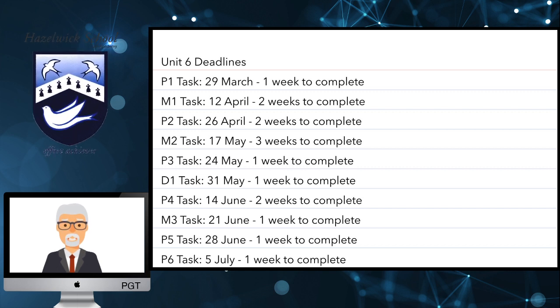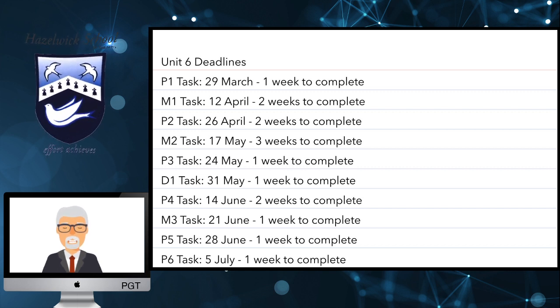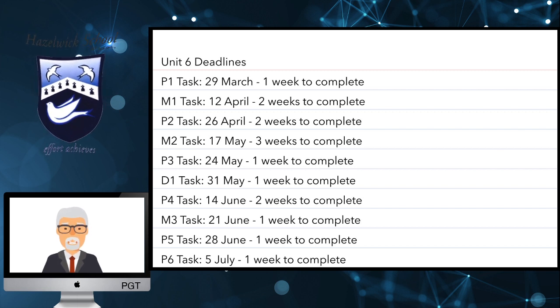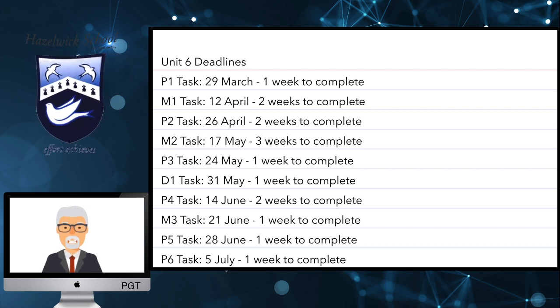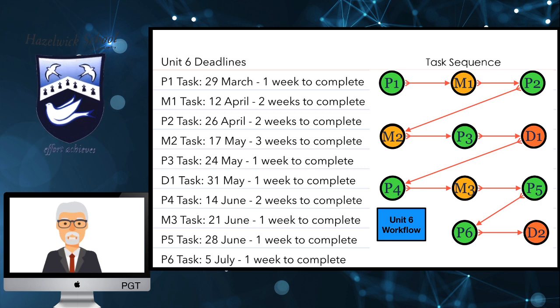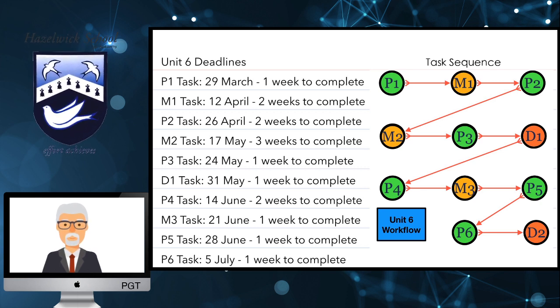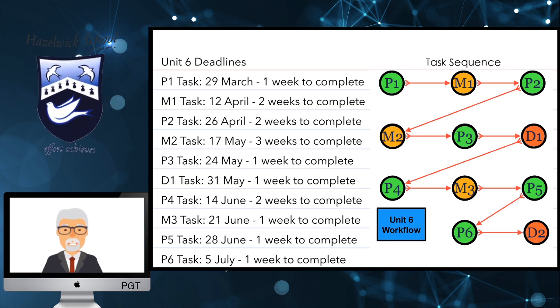P2 is a challenging task. Again, that's 2 weeks, and it's worth bearing in mind the order of these, because logically you would think it would go P1, P2, P3. Unfortunately, it doesn't do that. But you've got the sequence on the right-hand side there. And again, you've got a copy of this on Google Classroom. So I'm just showing you what is already out there.